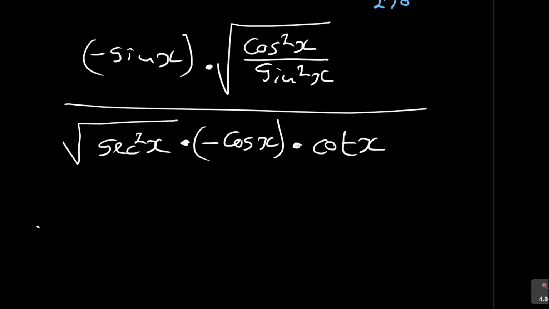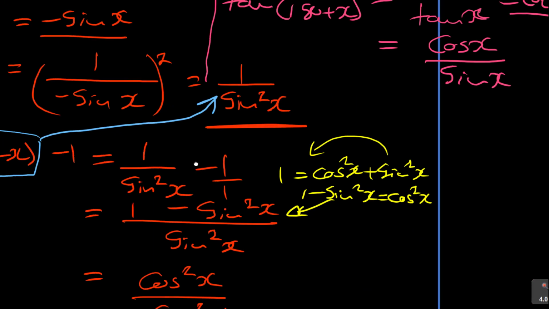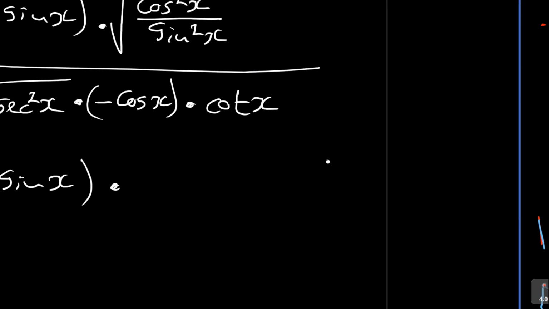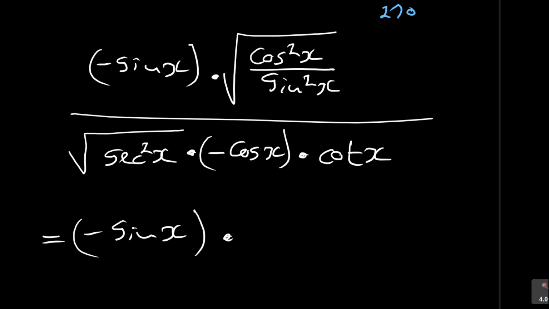So when I simplify this, it is negative sine x, right? Then from there times square root of cos squared over sine squared, so this is simply cos. Now you must also see cos x over sine x is cot, so this is actually cot x.